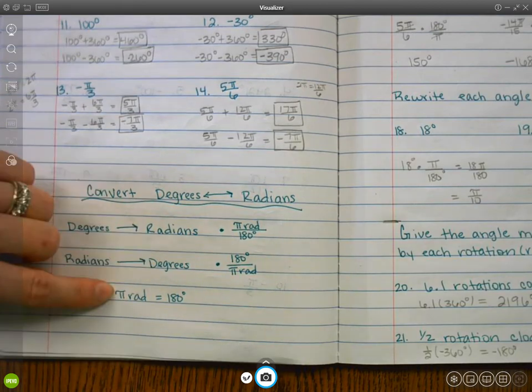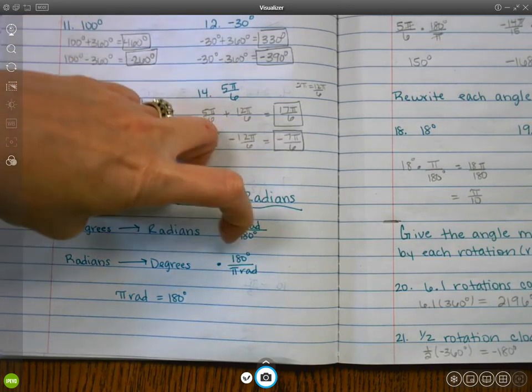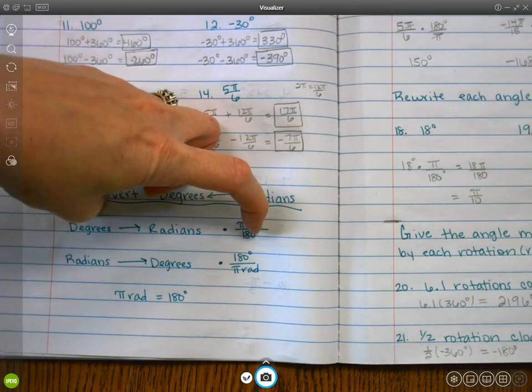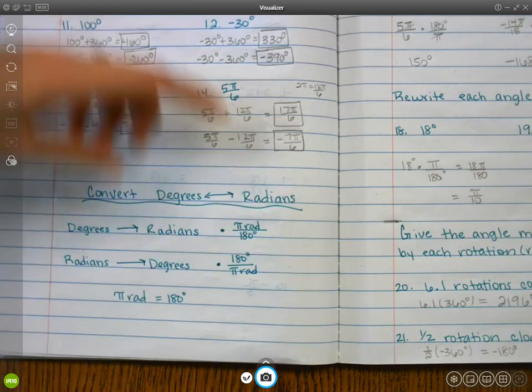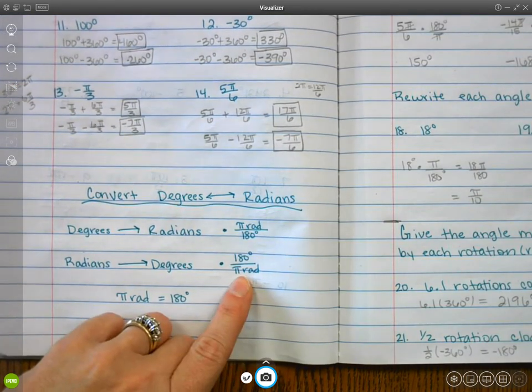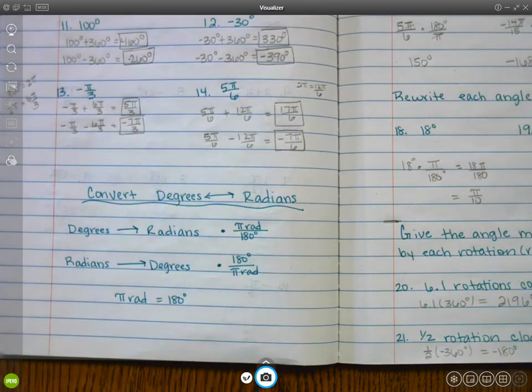So since these two things are equal, multiplying by this is just multiplying by 1, but it's allowing you to cancel out what you don't want. So if I know degrees and I put 180 on the bottom, those degrees are going to cancel, and I just have radians left. If I know radians, if I put that on the bottom, then the radians are going to cancel, and I have degrees left.